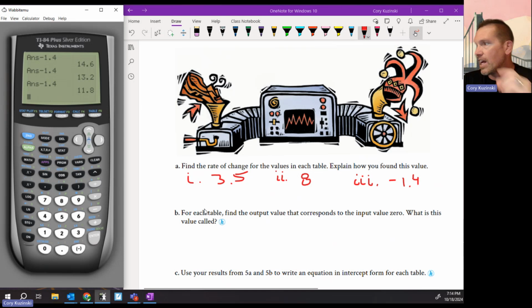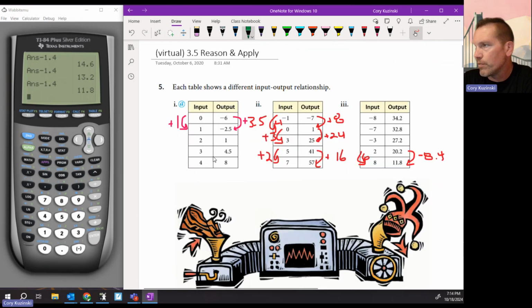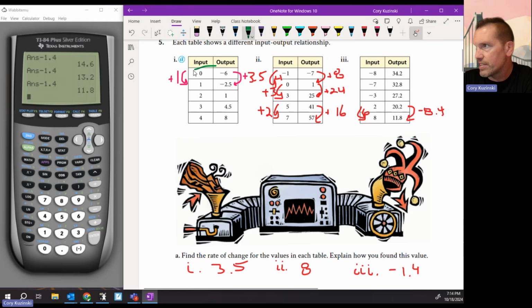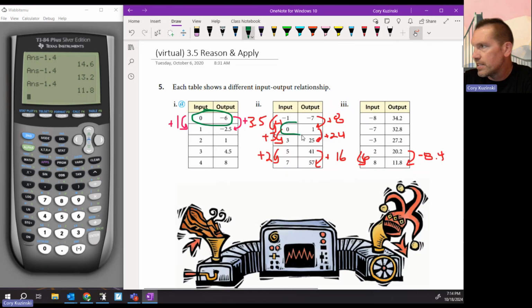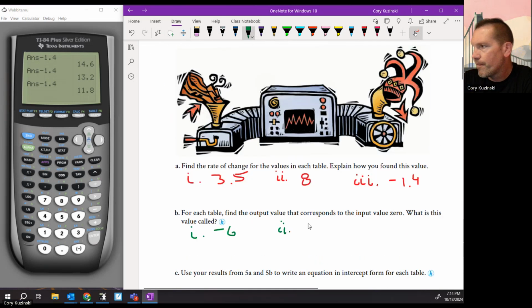All right, for each table, find the output value that corresponds to the input value 0. It's called the y-intercept. Okay, so for 1, we can clearly see it's negative 6. For 2, we can clearly see it's 1.